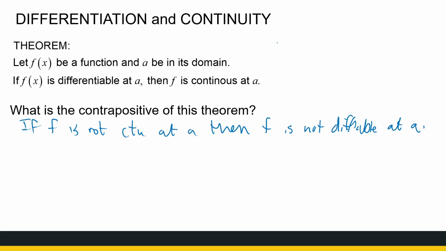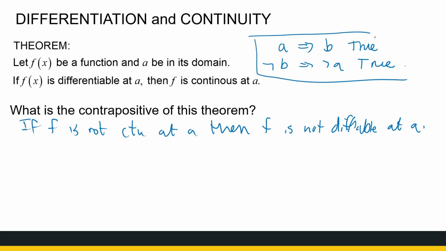So if I know that A implies B is a true statement, then the contrapositive, not B implies not A, must also be true. That is all I know. I know nothing about B implies A or not A implies not B, but the contrapositive is always true if my original statement is true. So that's very nice. If I can show a function is not continuous at a point, then this theorem tells me it will therefore not be differentiable.